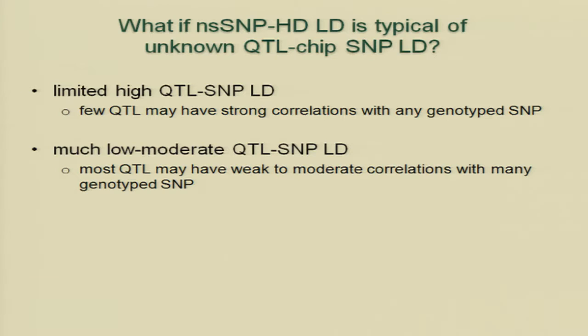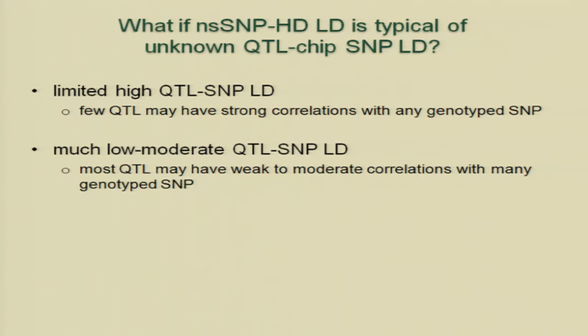So what we're seeing between our non-synonymous SNP and QTL is typical of what we'd expect for LD between QTL and our high density. There's not going to be that many QTL that have strong correlations with anything we're genotyping with the high density.